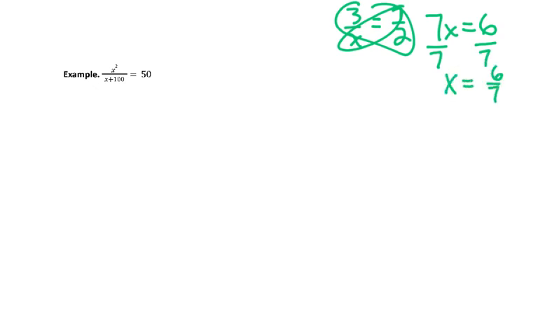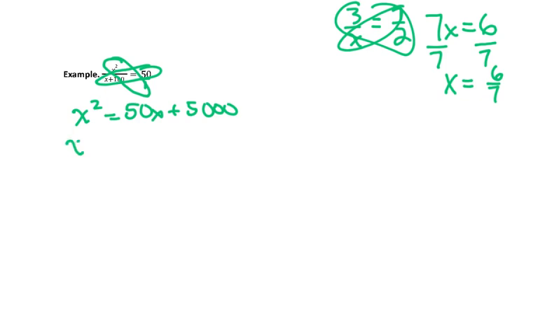And we're going to do the same thing here. We could treat this as 50 over 1, and we're going to multiply that diagonal and set it equal to the other diagonal. So 50x plus 5,000. Now if we set this equal to 0, we can solve our quadratic.